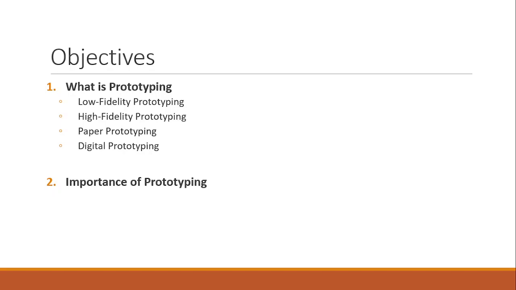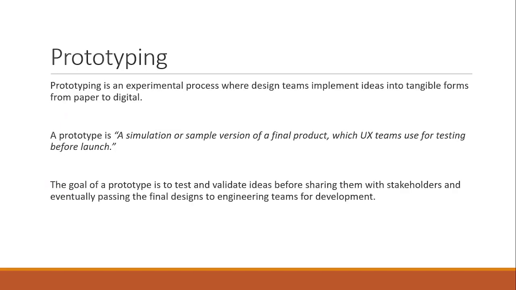Okay, so let's start by defining what prototyping is. We can say that prototyping is an experimental process where design teams implement ideas into tangible forms, from paper to digital.